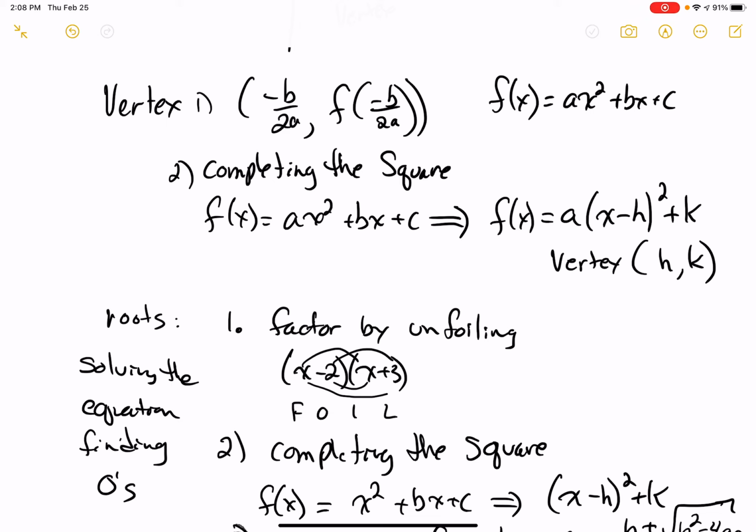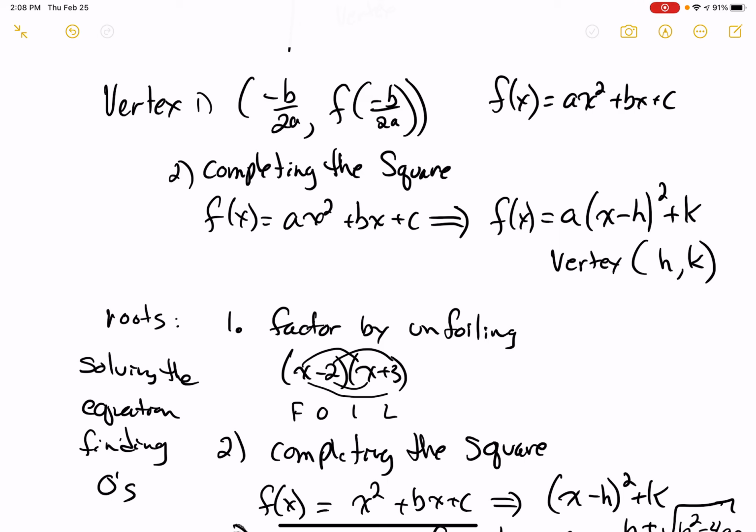We have h here, which represents a horizontal shift, and k here, which represents a vertical shift. The original parent function, y equals x squared, has its vertex at the origin. So if you shift it around in this form, your vertex will be h and k based upon what we know from transformations.